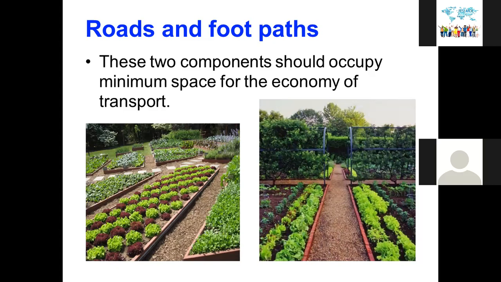If you want a vehicle to pass there, or maybe someone is just walking, there should be a difference between a road where a vehicle passes because it's quite wide, as compared to maybe you are pushing a wheelbarrow, or an individual is passing there. So there should be access roads within the vegetable garden. Very, very important.